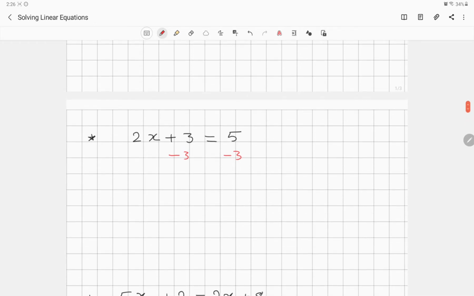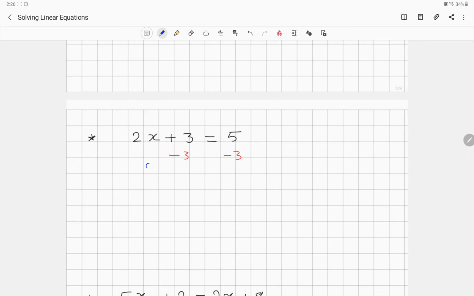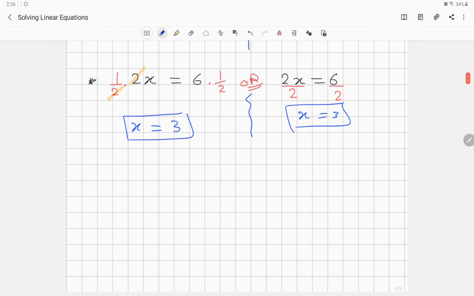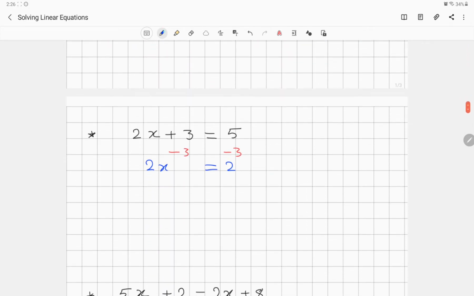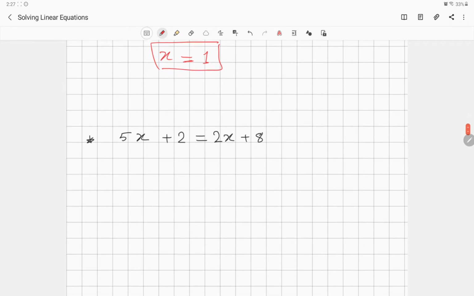So when you do that, you will get 2x equals 2, which is almost the same as the second equation here. So now you have to divide by 2. As you see, we made the equation look simple like the previous one. So whatever it looks, you can always make it look simple.